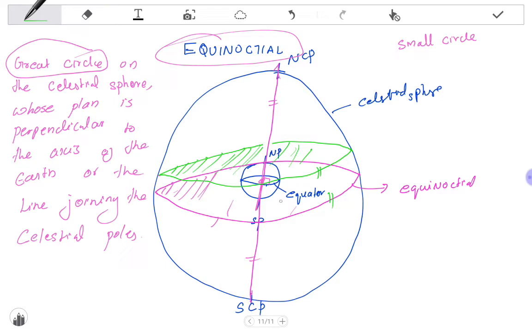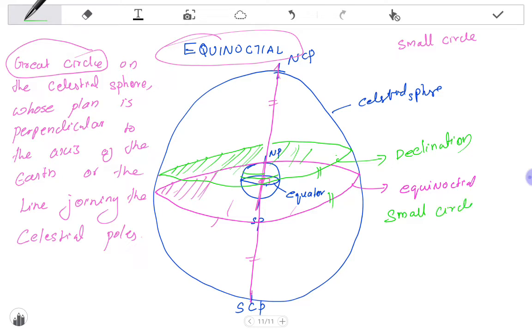In other words, our Earth has the equator and latitudes, right? The same projection of the latitudes is called declination. So by definition, what is declination?